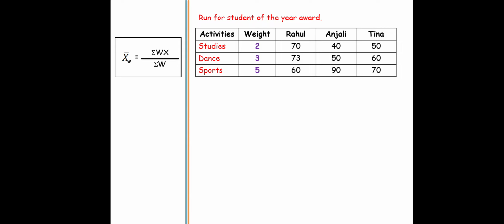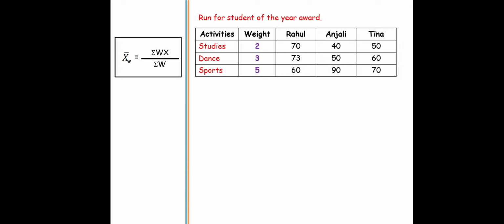Rahul scores, out of 100, 70 in studies, 73 in dance and 60 in sports. Anjali scores 40 in studies, 50 in dance and 90 in sports. Tina scores 50 in studies, 60 in dance and 70 in sports. According to the weightage, you need to check who will get the Student of the Year award.